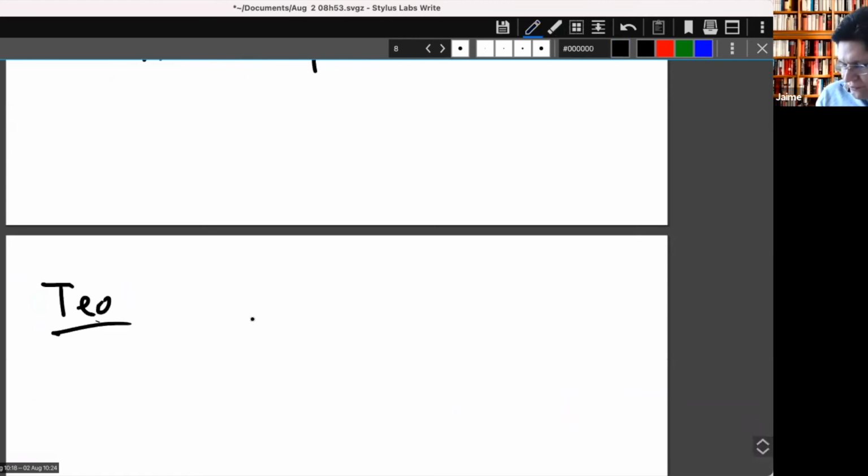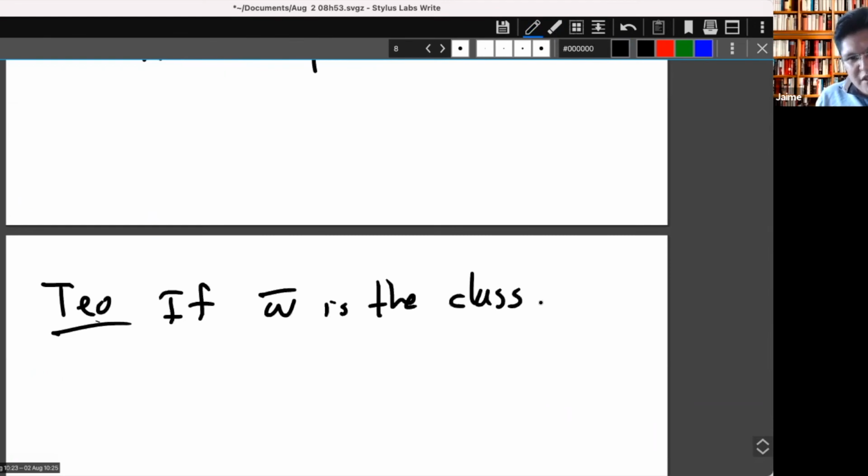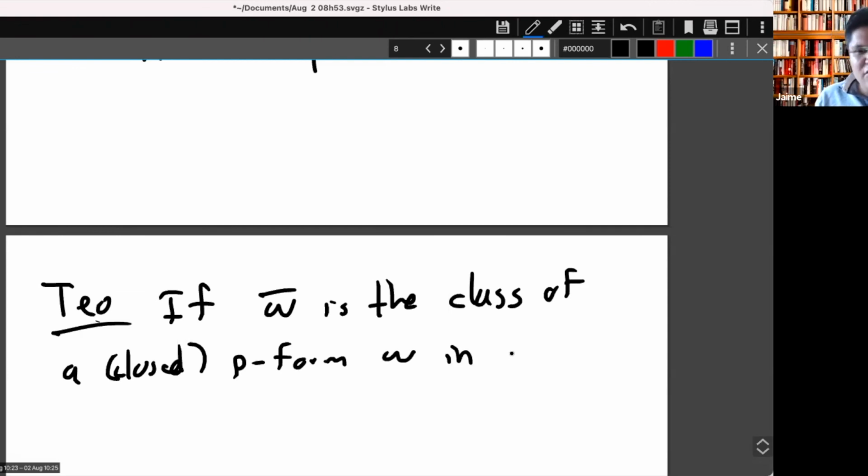Okay, so, what else I want to say? Another important theorem is that if you take bar omega, if this is the class of a closed P-form omega, now I'm gonna do what I promised.